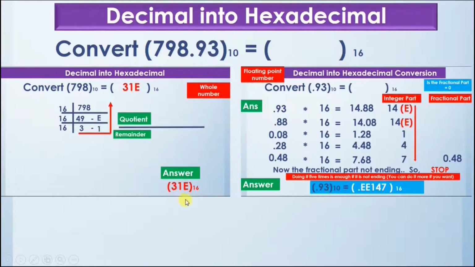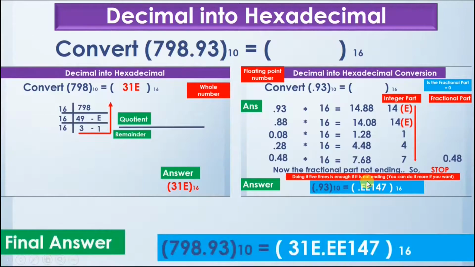Once this answer is calculated and this answer is calculated, finally we combine them to get the final answer. In this final answer we can see that 31e comes from here and 0.147 comes from here. Now we can say that the number 798.93 in decimal is equal to 31e.147 in hexadecimal.